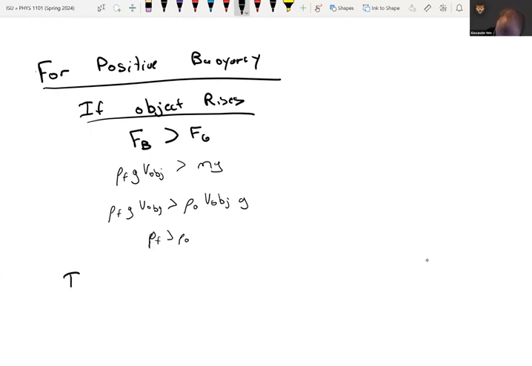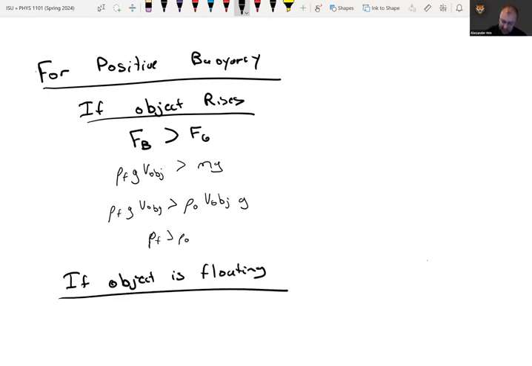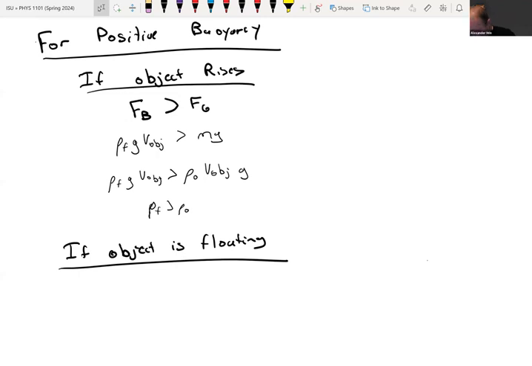Now, if the object is floating, then F sub B is equal to F sub G. So what this says is that the density of the fluid times G times the volume submerged is equal to mg.